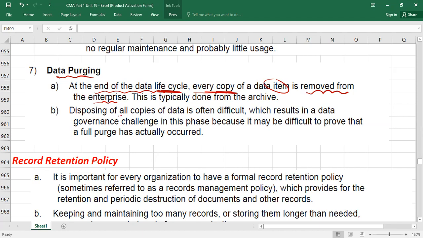Disposing of all copies of data is often difficult, which results in a data governance challenge, because obviously you should not just throw it. It can be misused also. Understood that data purging means disposing of all copies of the data. That is called data purging. You are going to remove the data from the enterprise. So these are the 7 stages of the data life cycle.